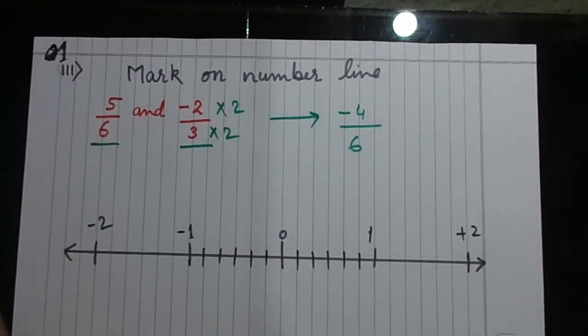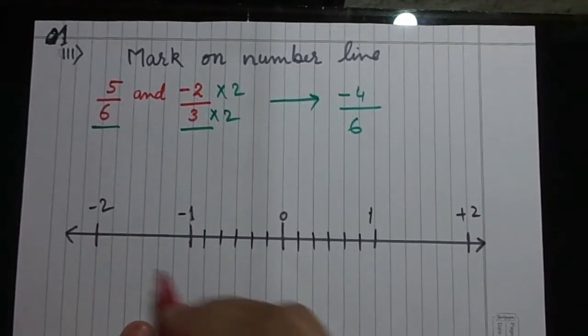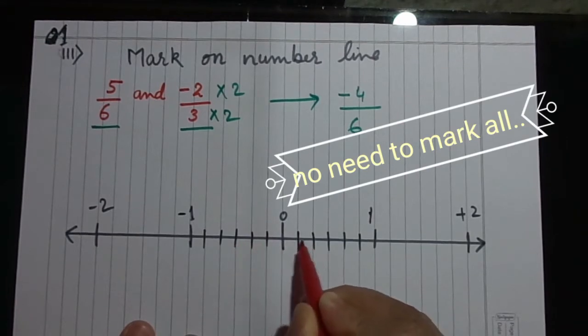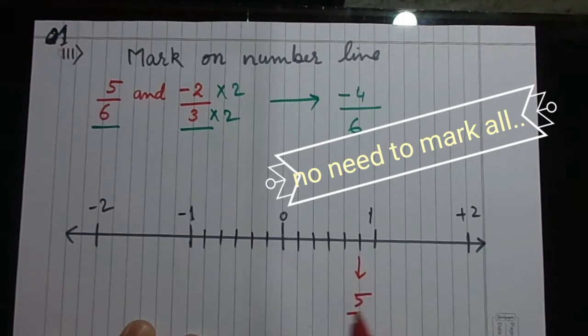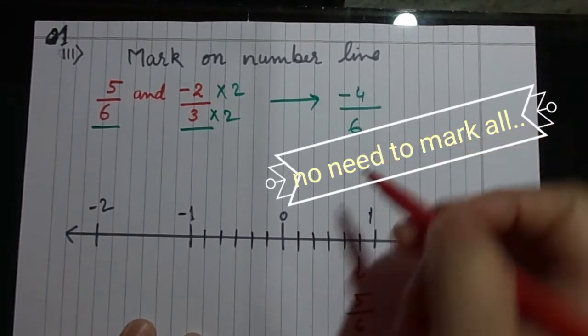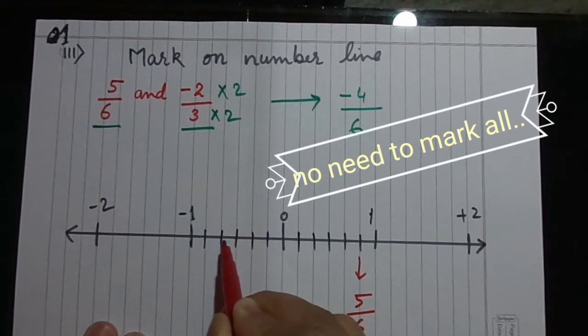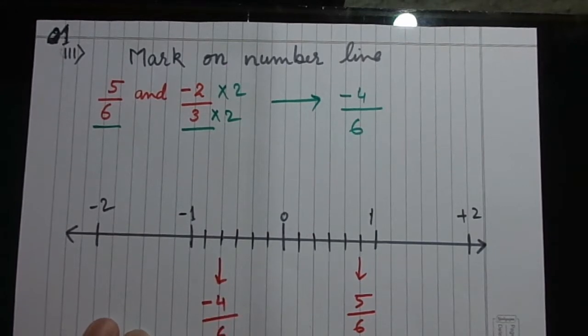So 5 by 6. I am going to mark it over here, 5 by 6. First part, second part, third, fourth, fifth. So this is our 5 by 6. While minus 4 by 6 can be written as 1, 2, 3, 4. So this is our minus 4 by 6.